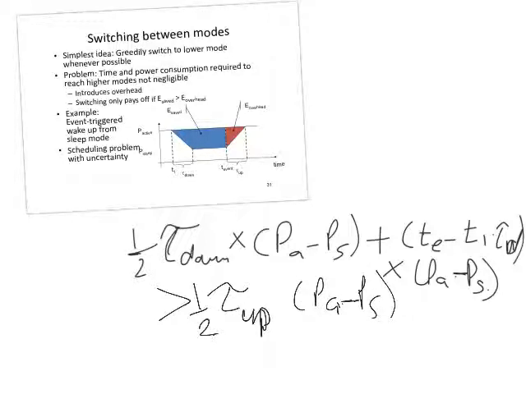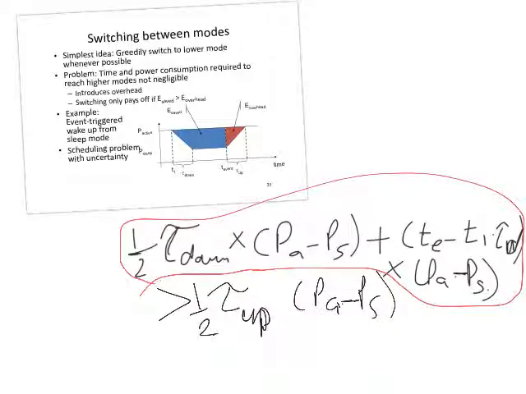Right? So this is the energy saved, and this is the energy wasted or overhead. Right? So time times the power gives you the energy.